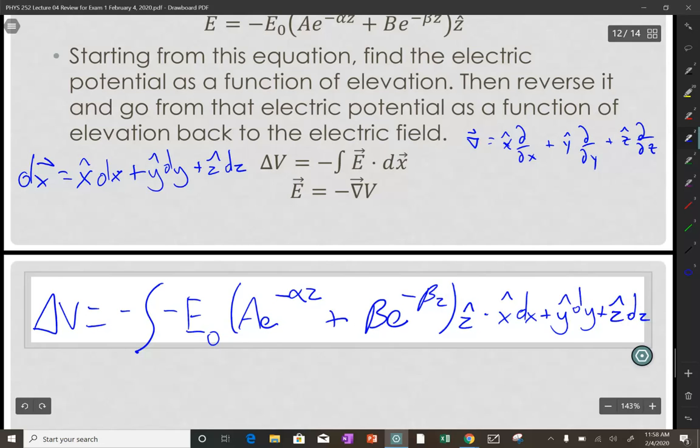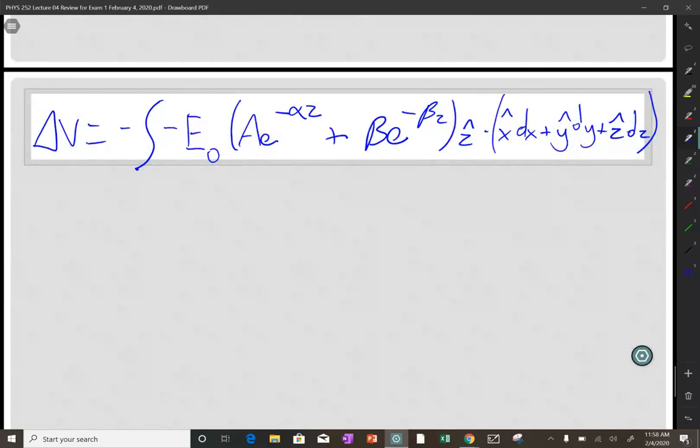Make sure you put parentheses around. How does life get easy?